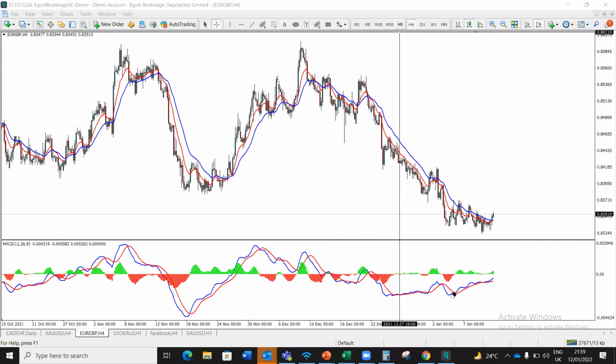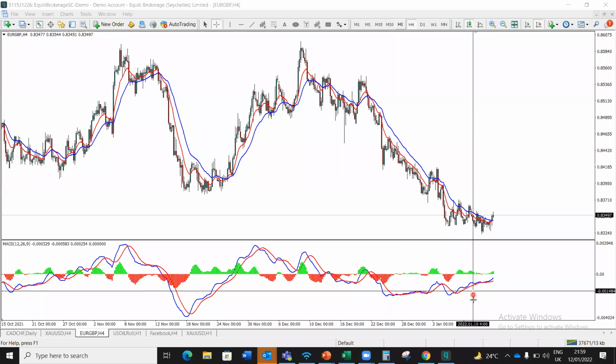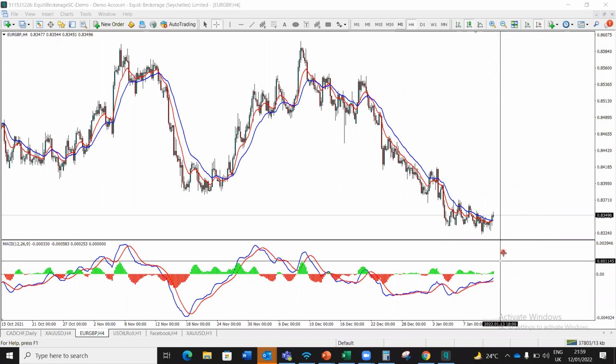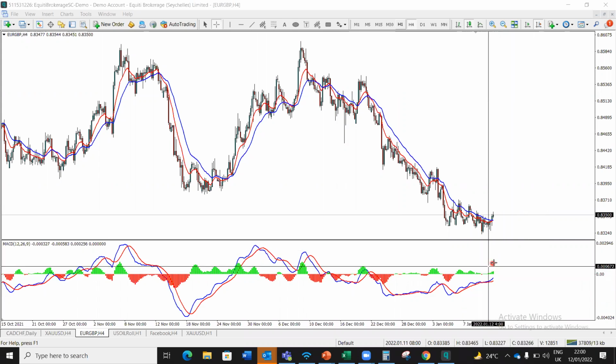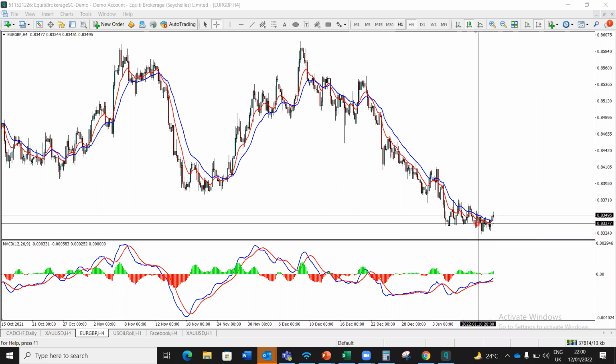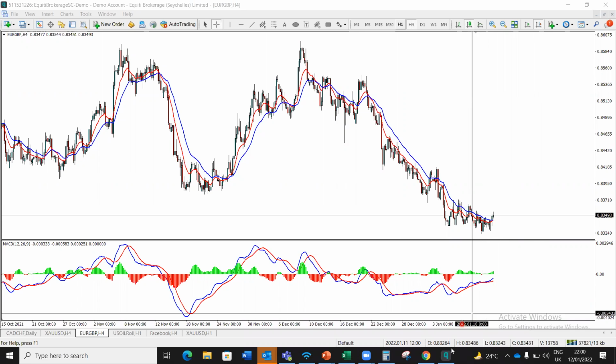Now, if the MACD line and the signal line moved above this zero line to the upside, that is a confirmation of this buy setup that is forming here. Look at it going. If it starts to form above the zero line, it's a confirmation of the buy setup that is building up here.